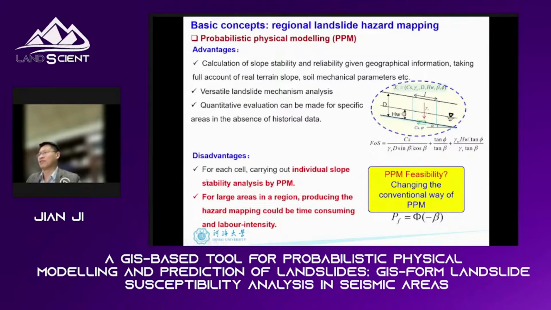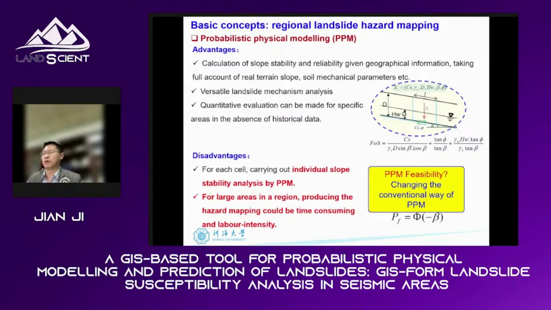For example, for each calculation cell or grid in the region, we have to carry out an individual slope stability analysis by the probabilistic physical modeling. And for large areas in the region, producing the hazard mapping could be time consuming if we use a very high resolution.